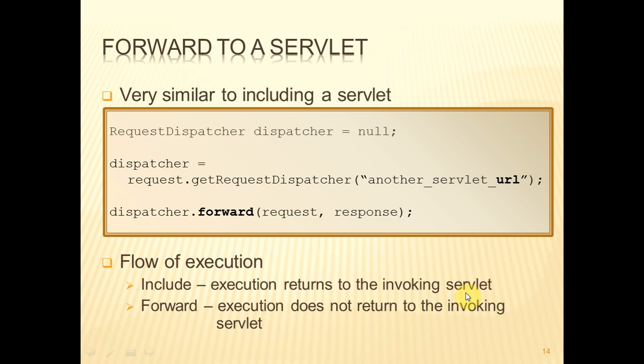When that has finished executing, control then comes back to the invoking servlet. And then the invoking servlet will continue its execution from the point where it left off. Whereas with forward, execution does not come back to the invoking servlet. And so forward would essentially be the last thing that servlet does.